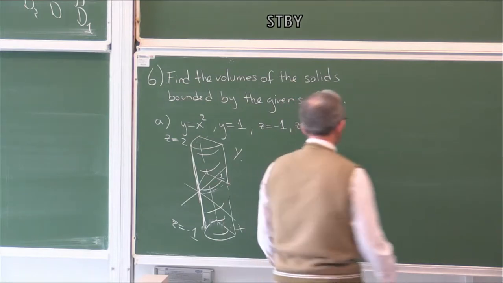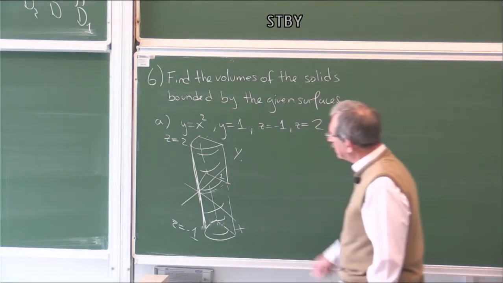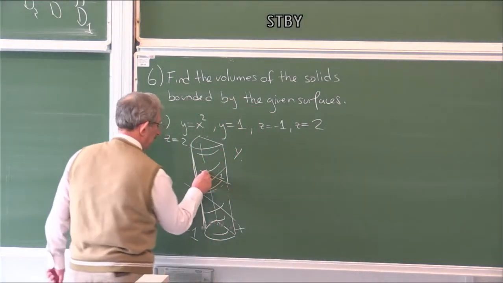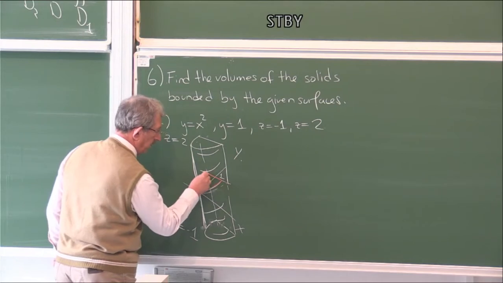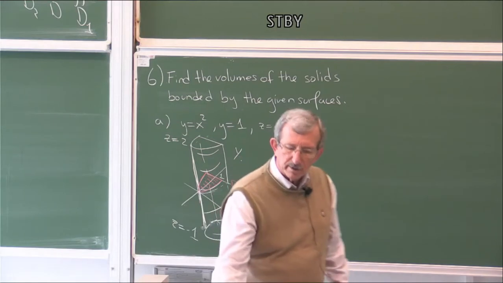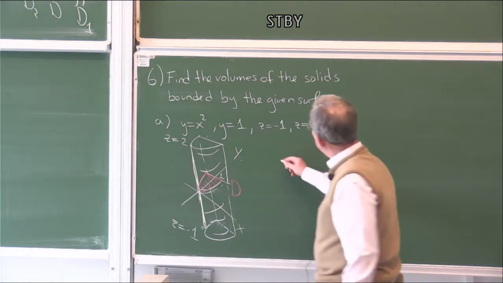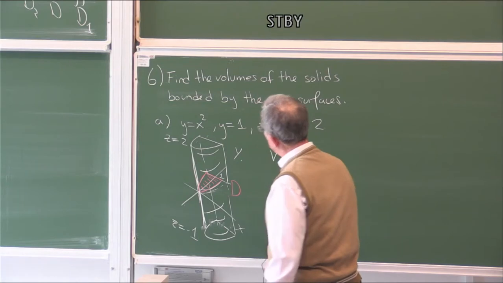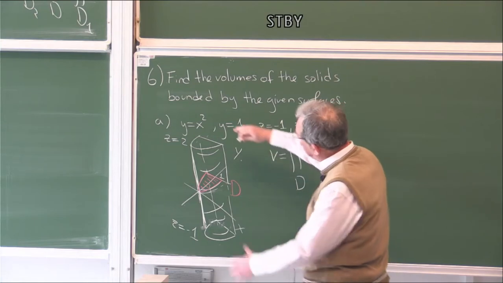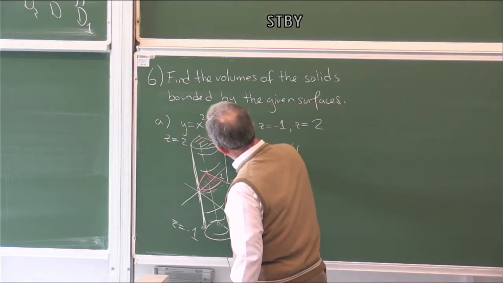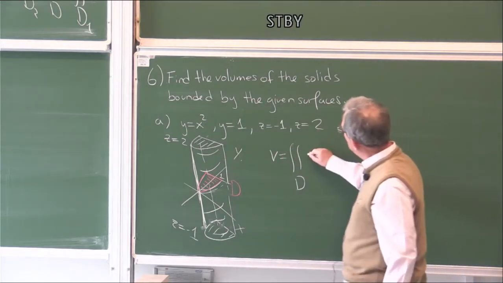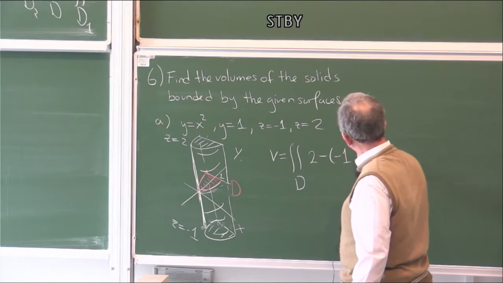So this says that, indeed, if we call this region, the base region, D, then the volume is the integral over D of the difference between two surfaces. These surfaces are 2 and minus 1.